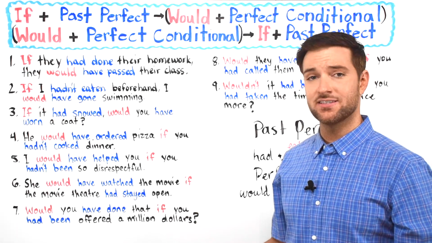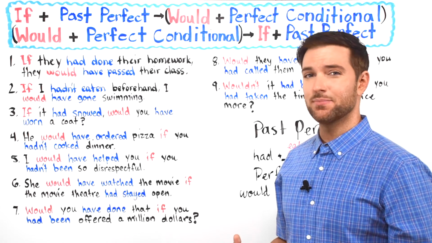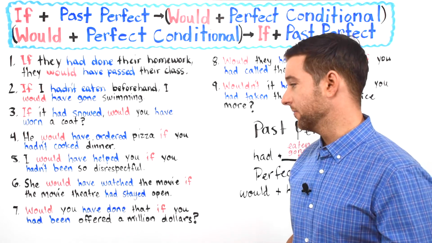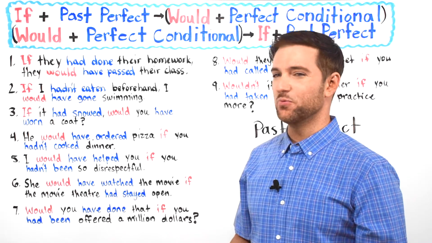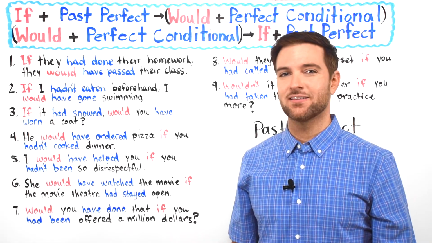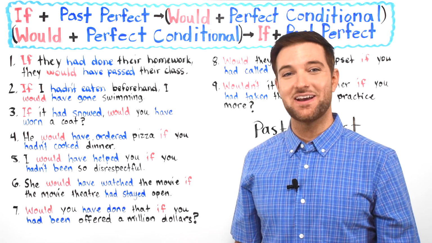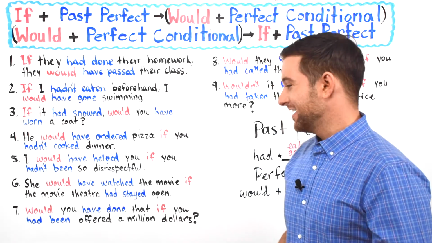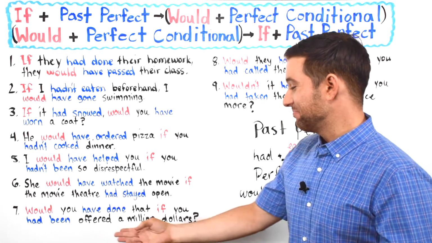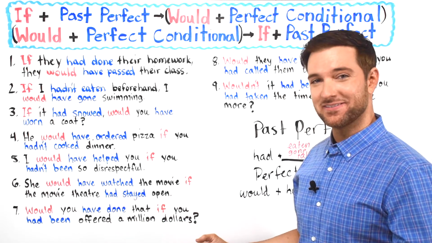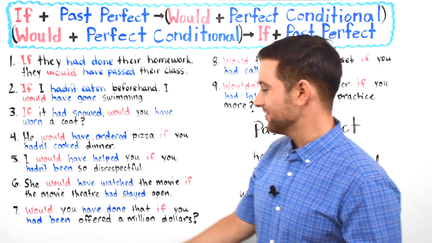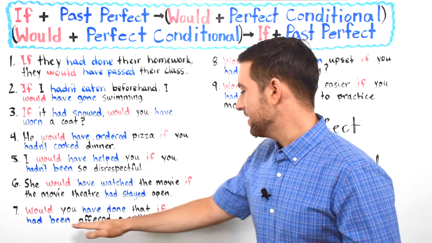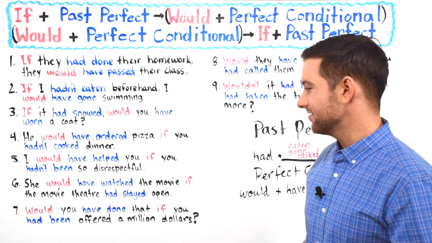Where you eat insects or you eat something crazy, or you do some weird sort of acrobatic thing that you would normally never do in your life, but you would maybe do it for $1 million. So this is a good question for that TV show. Would you have done that if you had been offered $1 million?